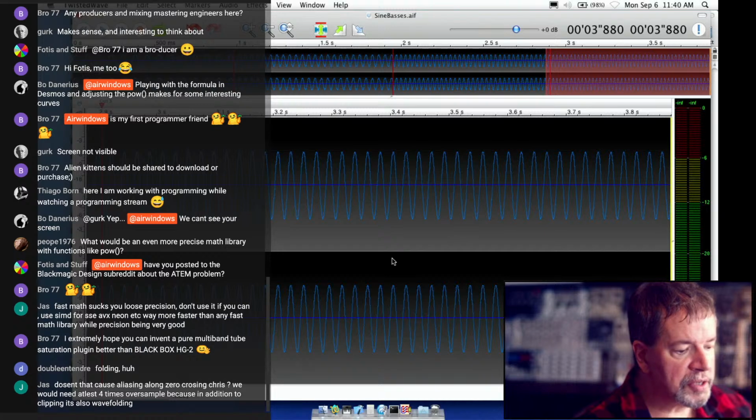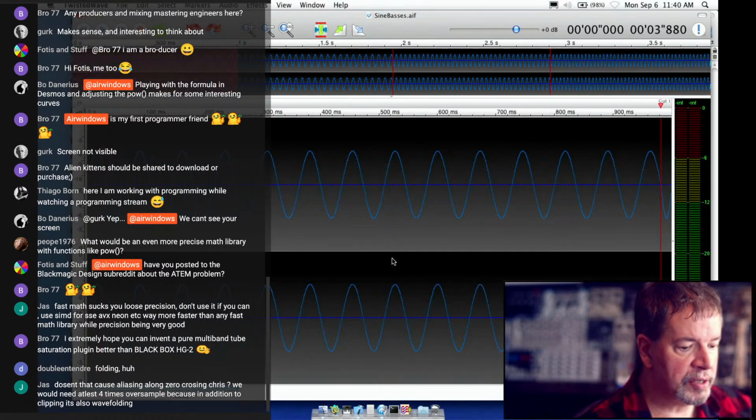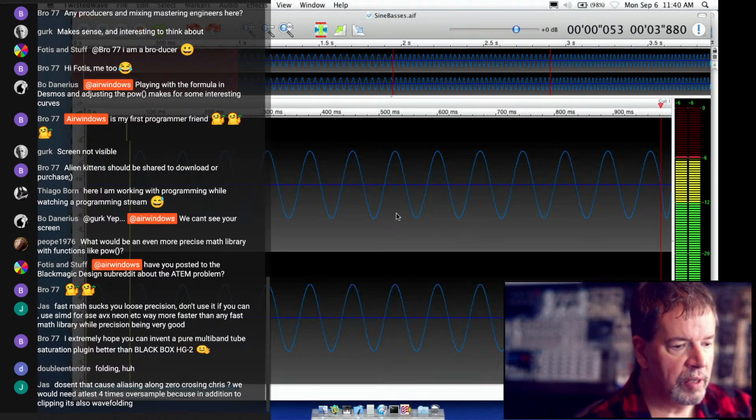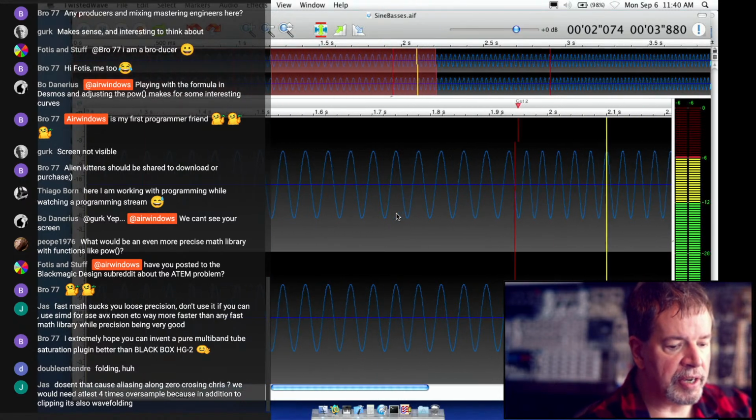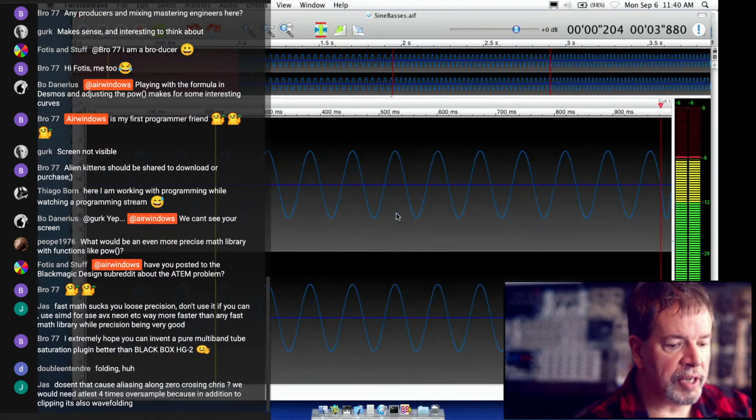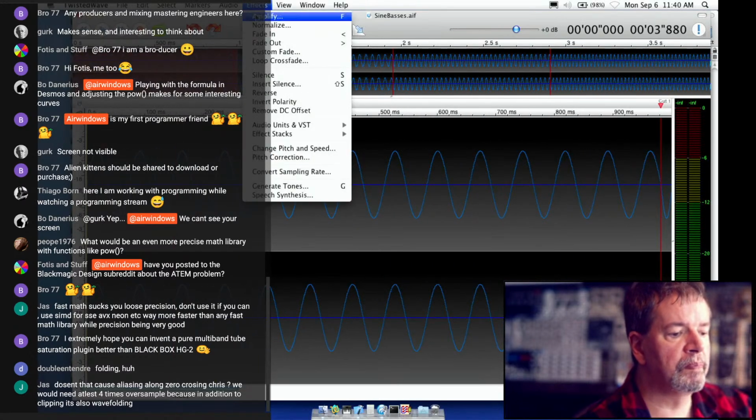A little hard to see, but that's because we haven't got much of a change on that yet. So what we're going to need to do is amplify this all a little bit.